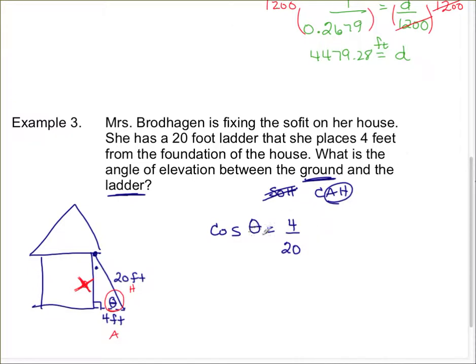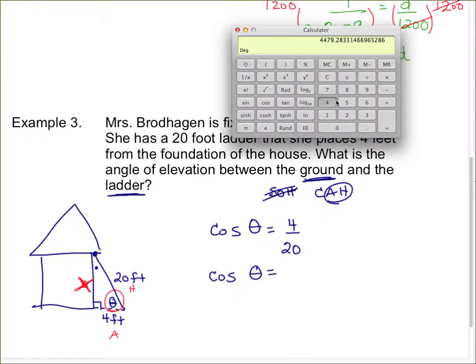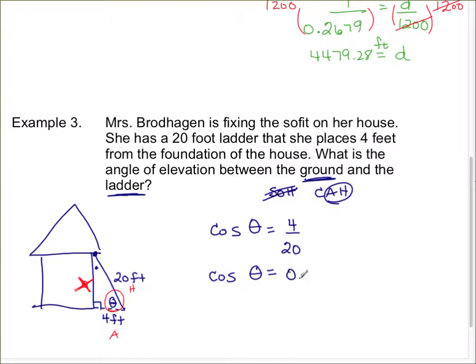Now remember, we're finding an angle. Anytime you're finding an angle, you've got to use that cos^-1 or sine^-1 or tan^-1. So here we're going to go 4 divided by 20 is 0.2. And now to figure out what theta is, I have to do cos^-1 of that 0.2.